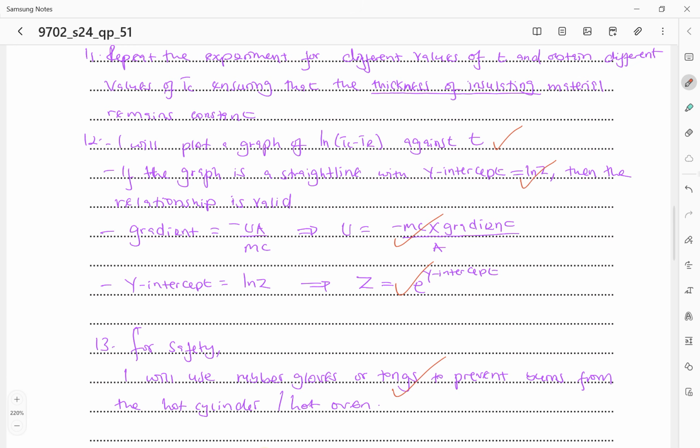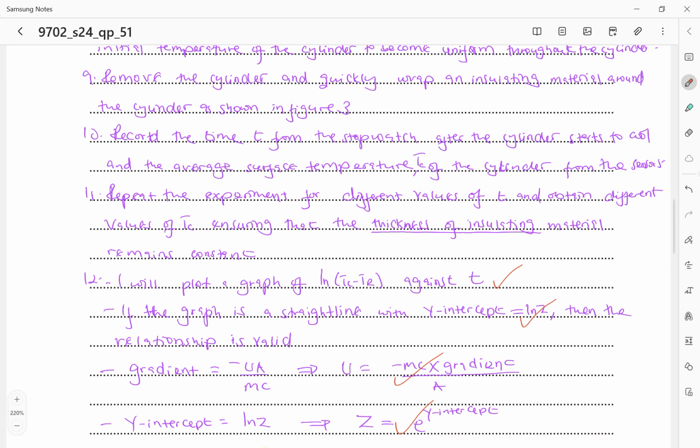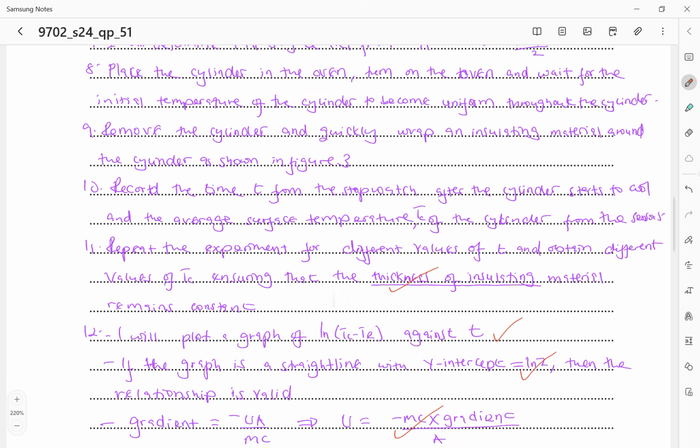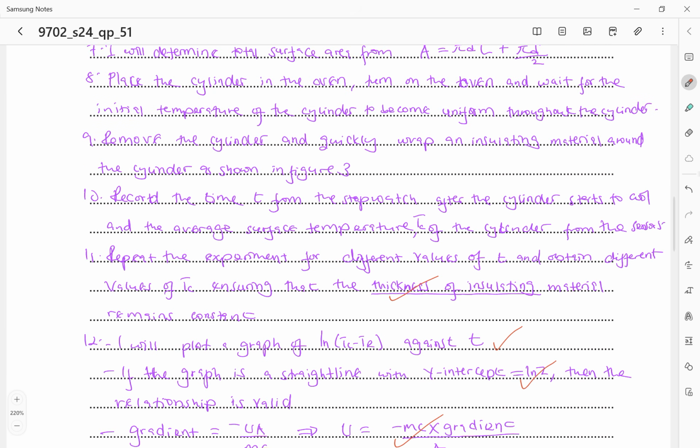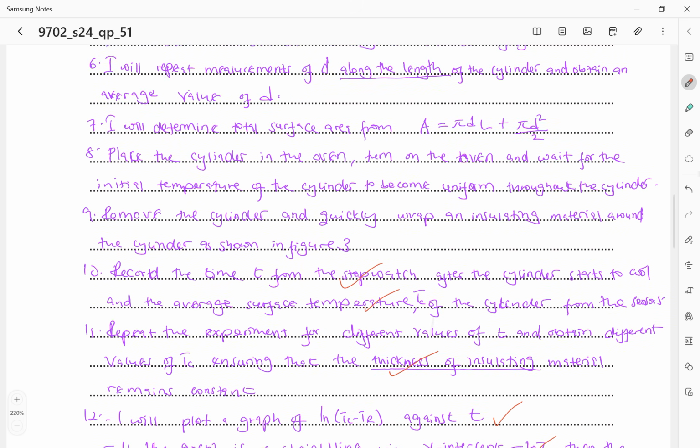Those are 4 marks. Then this part of repeating to get different values may not carry mark, but because I've said thickness of the insulating material should remain constant, this one is a mark. Recording T from the stopwatch, I've mentioned what will be used to measure T, that is a marking point, and obtaining the average surface temperature, Tc, that is also a marking point.